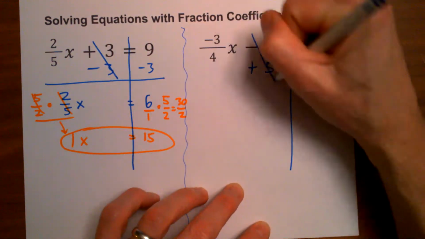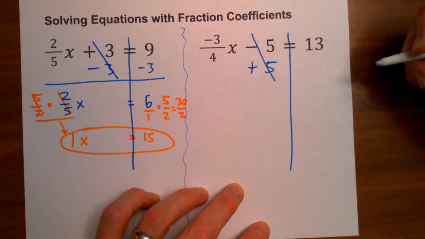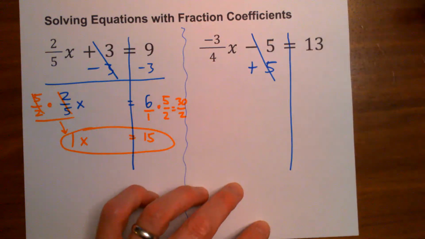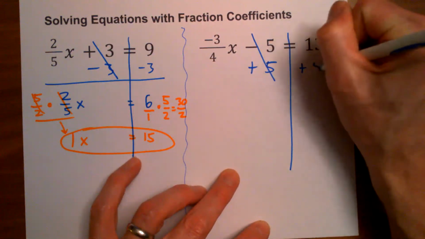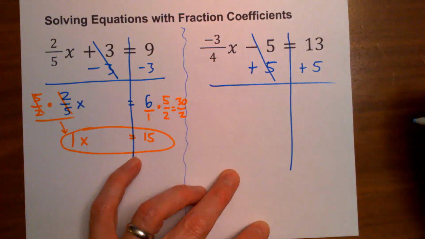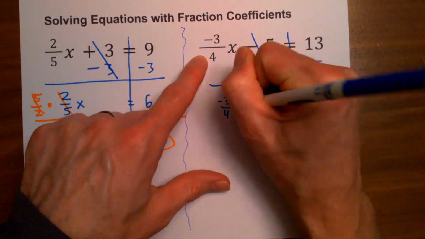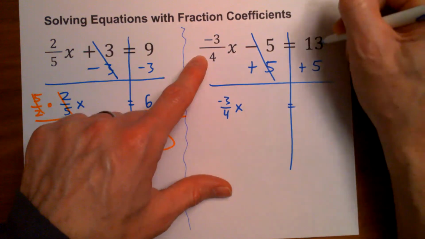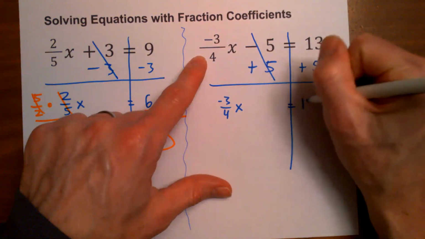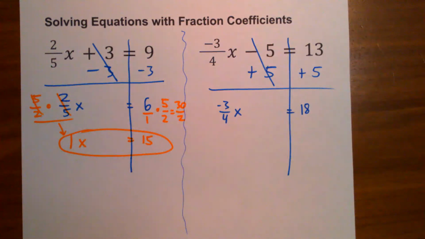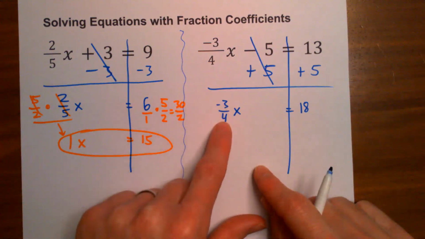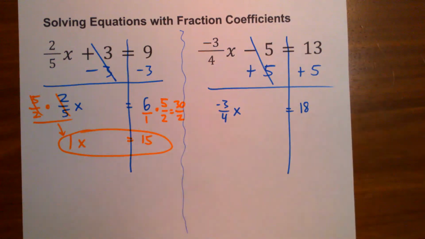If I get rid of those 5 negatives, I'm going to basically increase my total by 5. So let's see what I've got. -3/4 times x is equal to 13 plus 5, which is 18. So now I'm left here again. -3/4 times x is equal to 18.